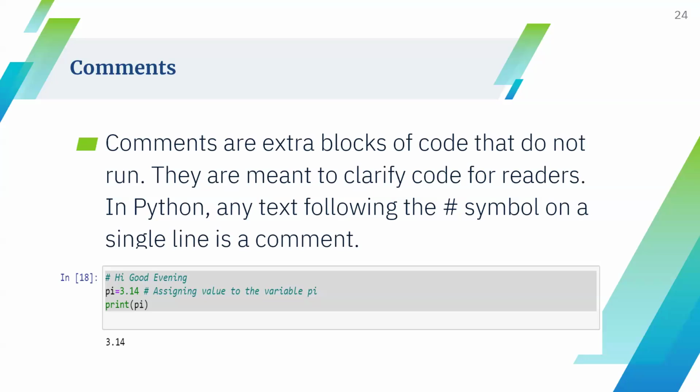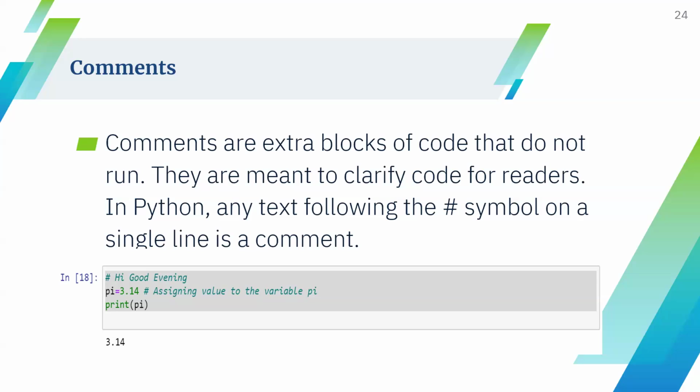Even in books or online tutorials, they write explanations for each line of code, and that has been commented. When it's commented, those lines will be skipped. It will not try to execute them. Got it?